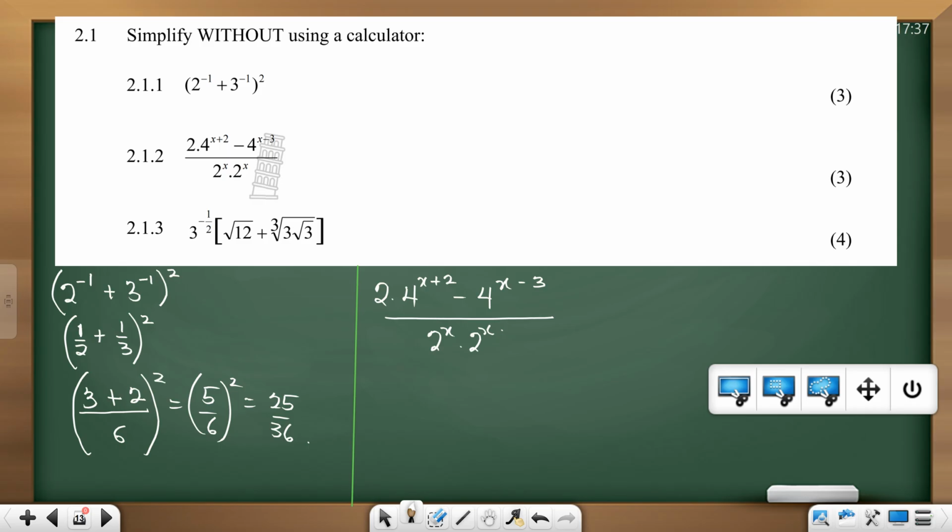2 to the power x. Look at this. What do you think this would be? Normally, this is the rule. Look at the rules. A to the power m times a to the power n. Same base. I'll keep the base and add the exponents. Right? But what if my exponents are the same?